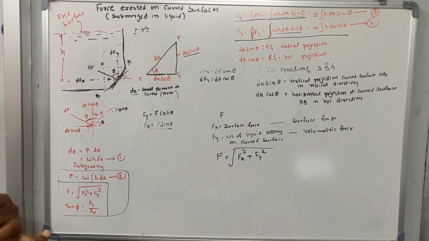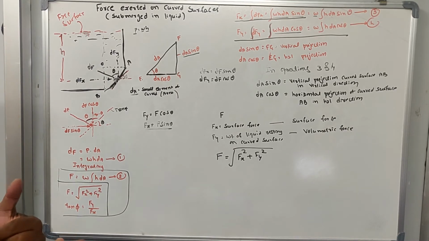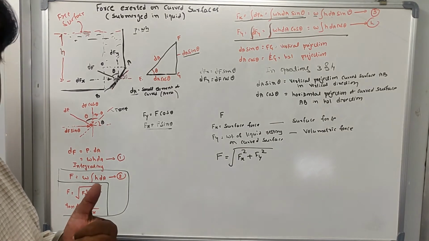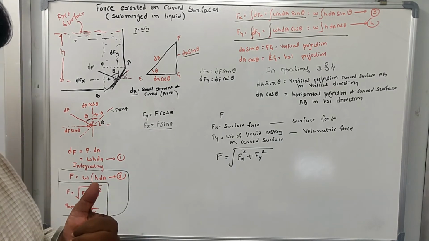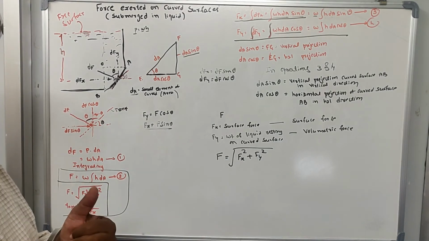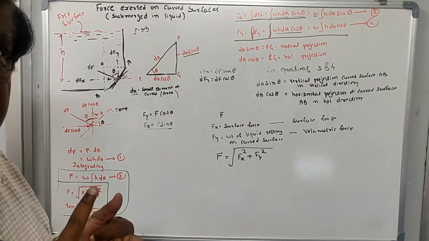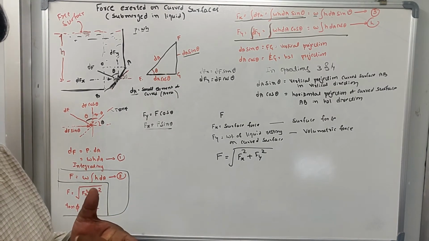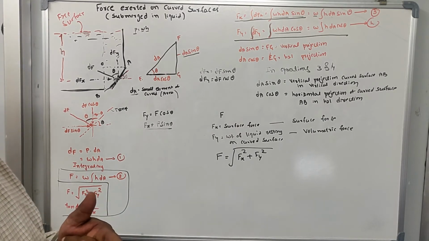So in the analysis or design of hydraulic structures, it is very, very important to know the magnitude of the total force exerted by the static mass of fluid on the hydraulic structure, its point of application, meaning at what point this maximum force is going to act on the structure, and its direction.